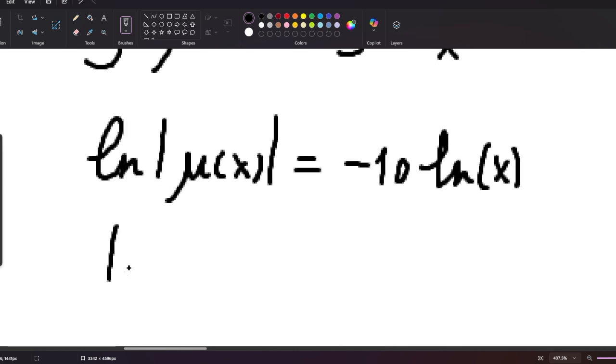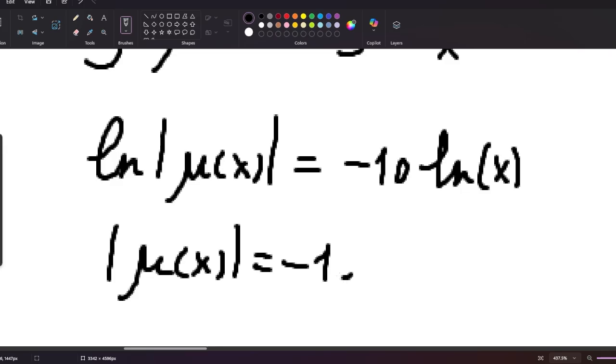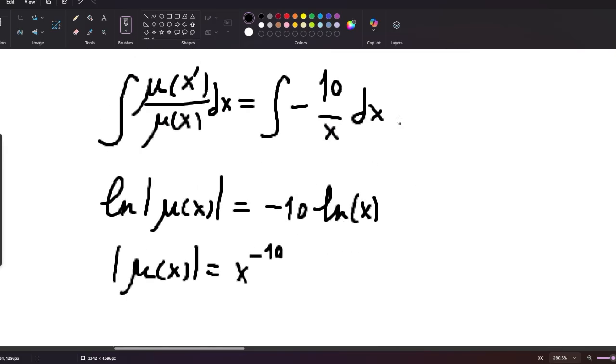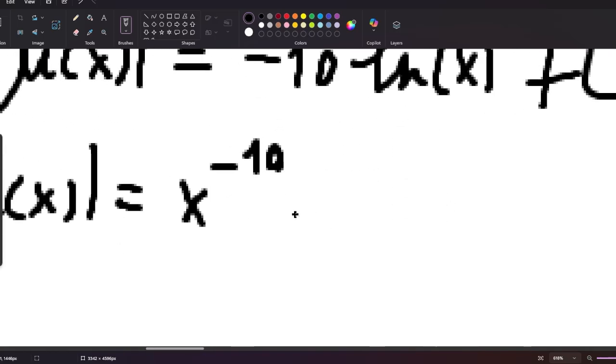So the absolute value of mu(x) equals x to the power of negative 10, and I forgot plus c. How could I? That's a terrible mistake. So it's e to the power of c.